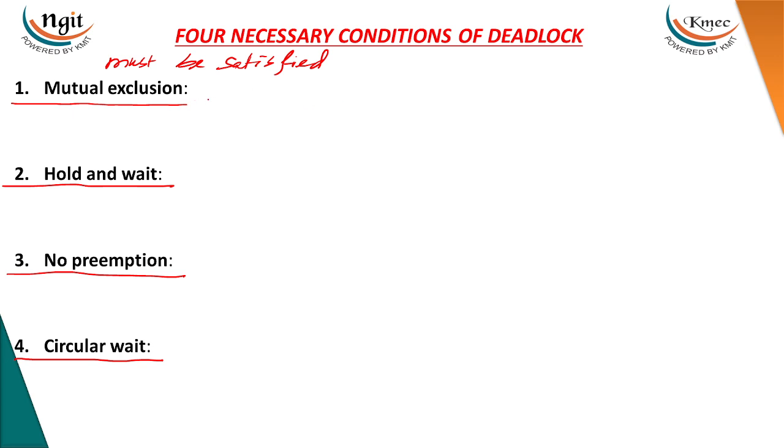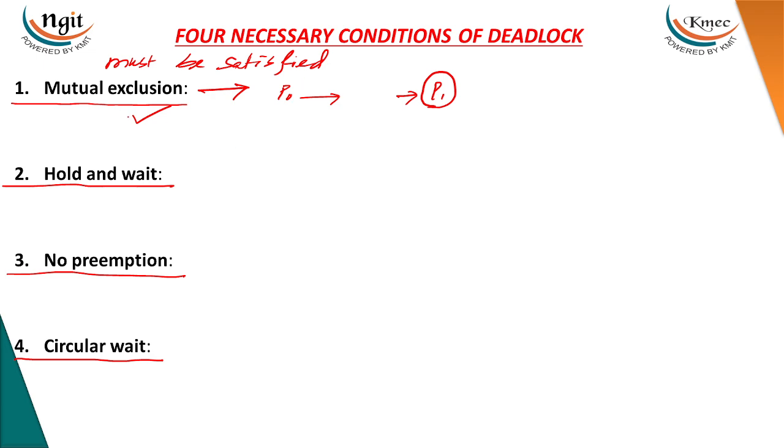The first condition is mutual exclusion. A process is executing in the critical section, so no other process is allowed to execute that particular code. Mutual exclusion is a fundamental property while providing a solution for the critical section.